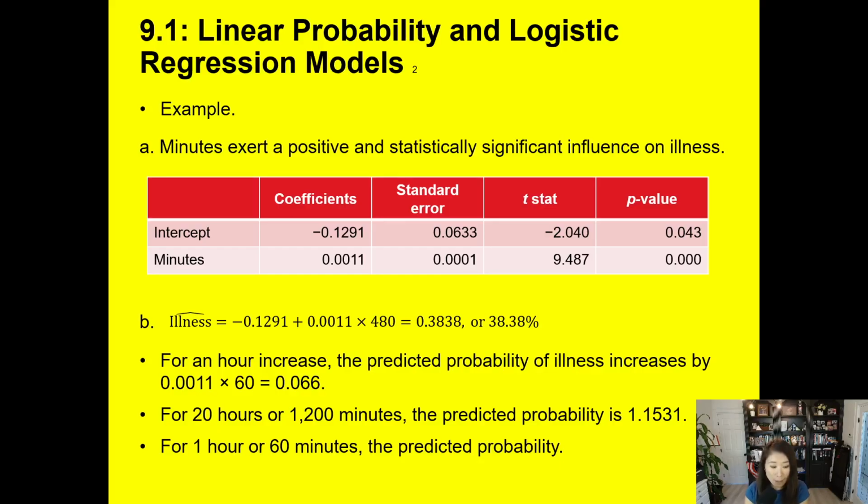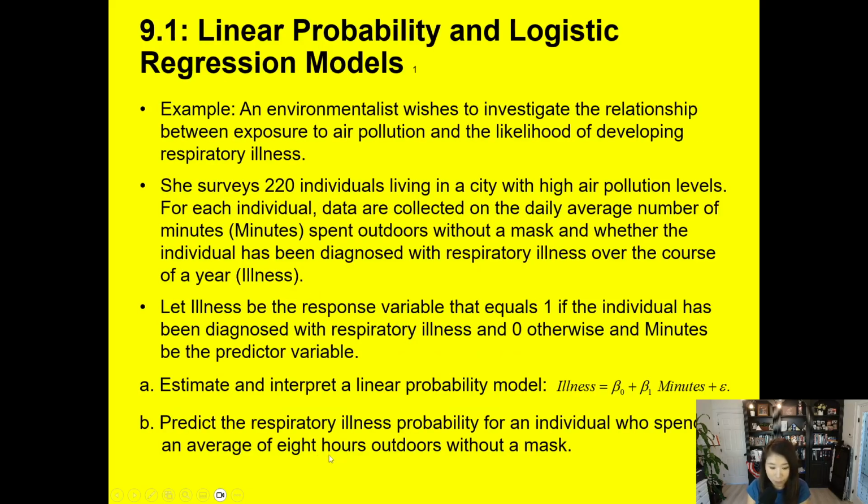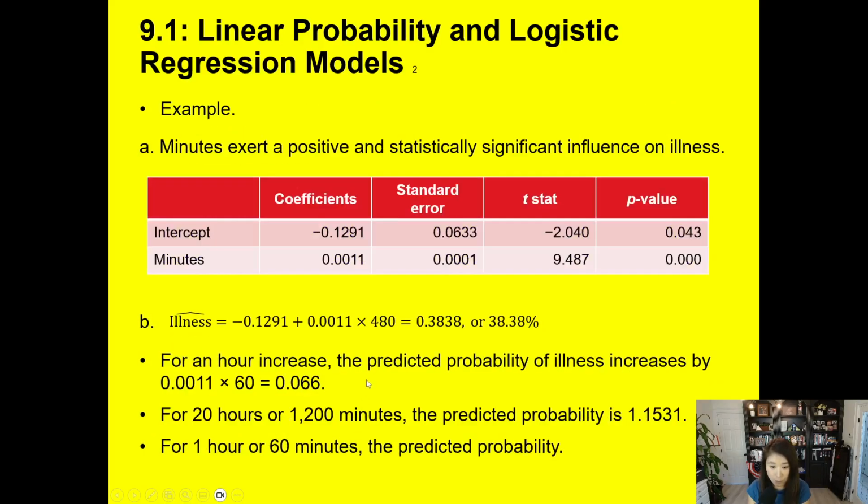Now, after you have this relationship between the probability of the person getting this illness and the time they spend outdoors without a mask, we can address the second question: if this person spends 8 hours outside, what is the chance this person is going to develop the respiratory illness. First, we convert 8 hours to minutes because everything is measured in minutes. 8 hours times 60 gives you 480 minutes.